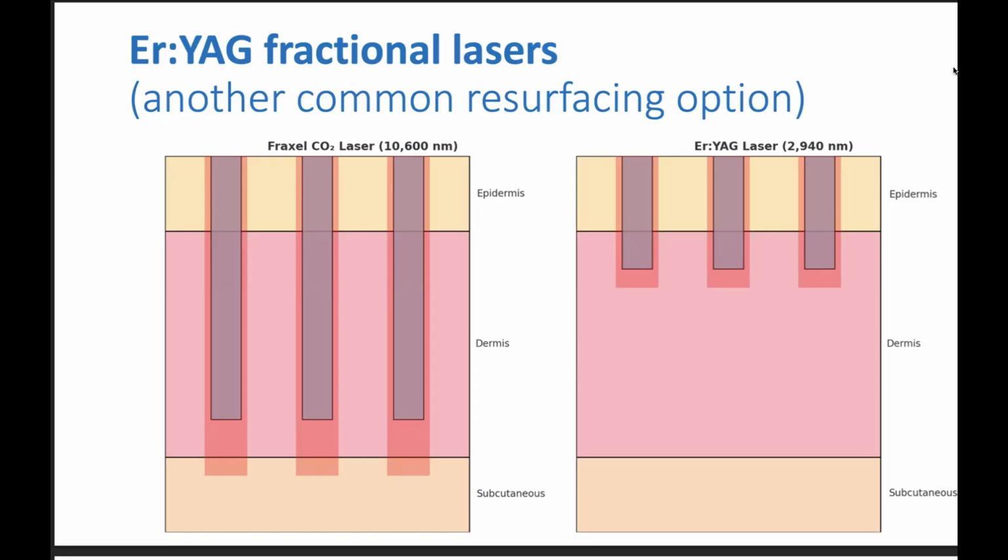The energy is a little bit smaller compared to the CO2 laser, so the penetration is also shallow. This slide shows the energy penetrates the epidermis and just a little bit of the dermis. In comparing these two kinds of laser, next slide.